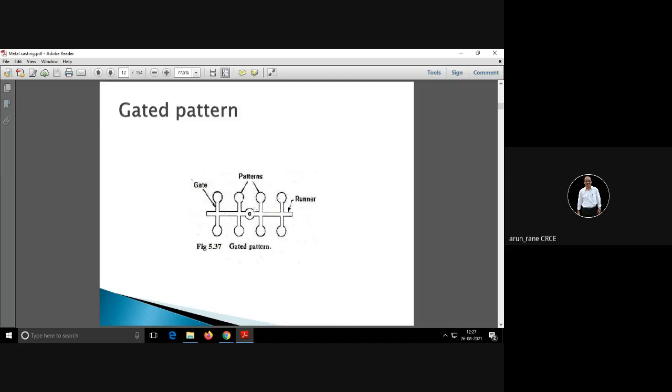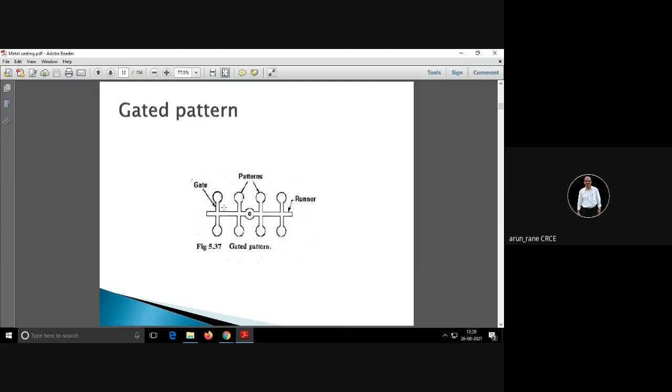We don't want the gate, the runner or the sprue. This is scrap, and only the spherical shape is our product. Now along with the product you also have the gate and the runner, so we will have to cut it with the help of a grinder. That's why the gate has to be thin, so that you can cut it off very easily.